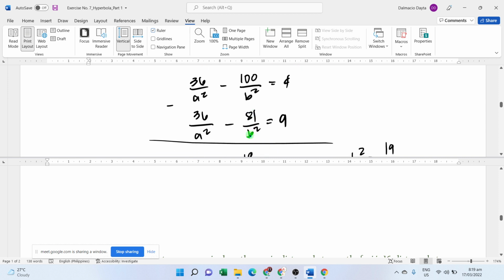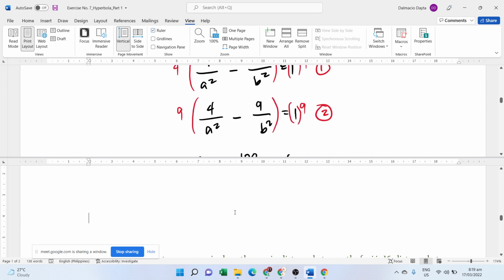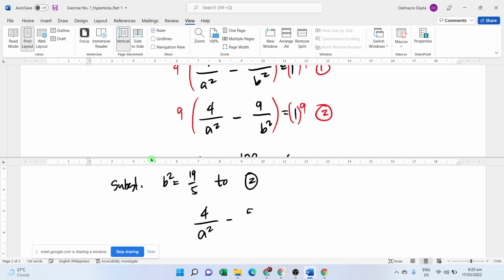Let's split the screen. We're going to use equation 2 and substitute the value of b squared. What did we get for b squared? 19 over 5. So that will be 4 over a squared minus 9 over 19 over 5 equals 1.